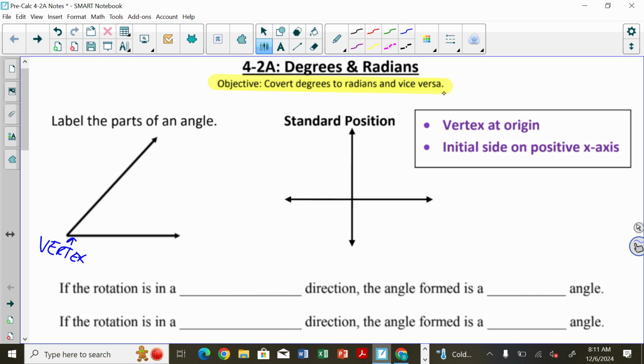The side that goes out straight from the vertex at 0 degrees would be the initial side. If we think of it as a rotation from 0 to wherever the angle goes, the other side is called the terminal side.